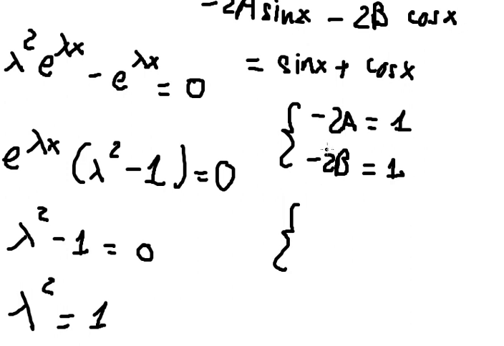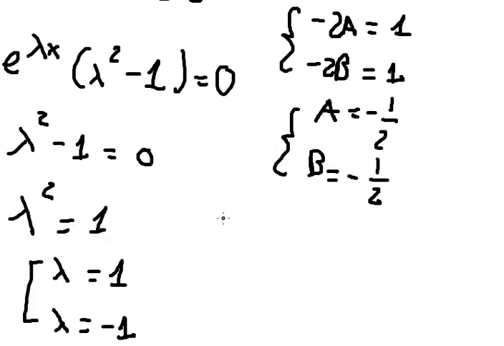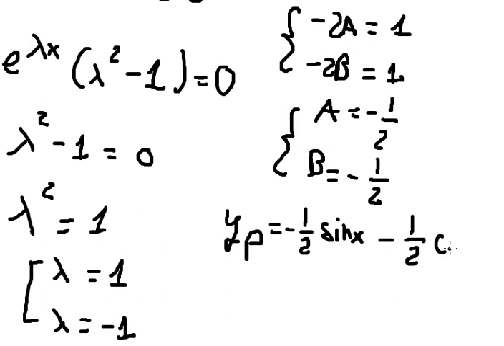We divide both sides by negative 2. And we got it like this. So yb is negative 1 over 2 sin x and negative 1 over 2 cosine x.